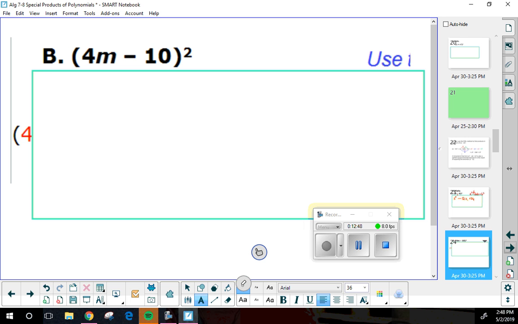Here's another one: (4m minus 10) squared. This is coming from the middle example, and the little cheat is a squared minus 2ab plus b squared. I'm just going to take this and square it. What is 4m squared? 16m squared.